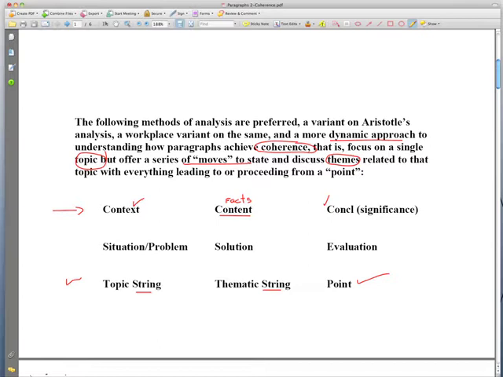We don't do that in a workplace document. Instead, we talk about what is the significance of this content. What does the reader know now at the end of the paragraph that the reader did not know at the beginning?